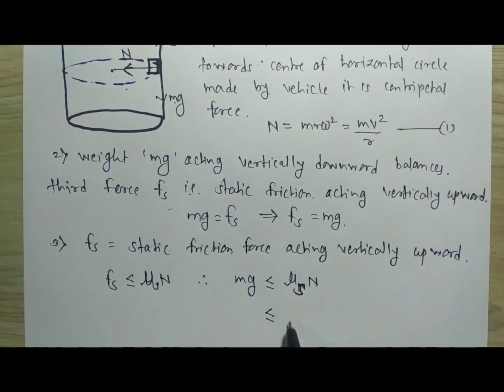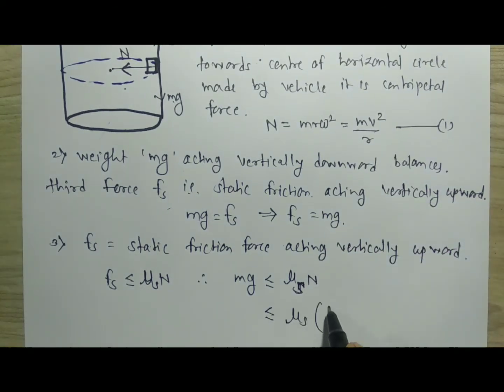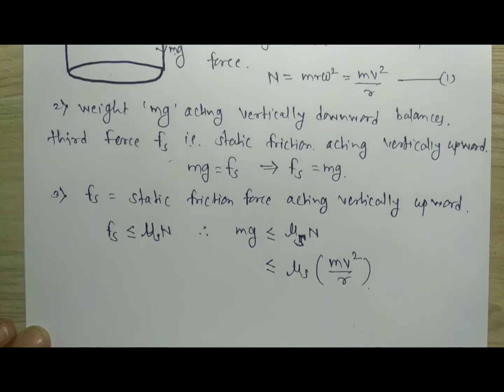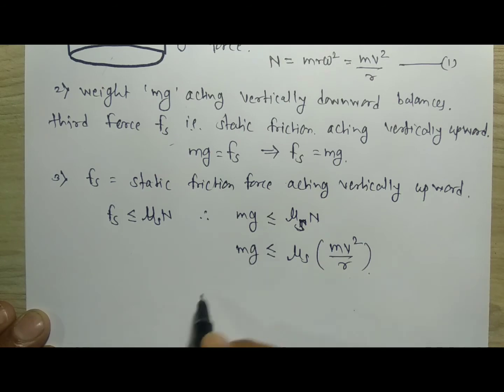So mg is less than or equal to mu s into m v square divided by r. Now m is cancelled on both sides, and g is less than or equal to mu s v square divided by r. Therefore v square is greater than or equal to r g divided by mu s, and it is the minimum speed.